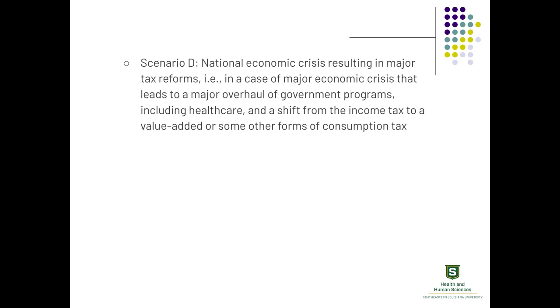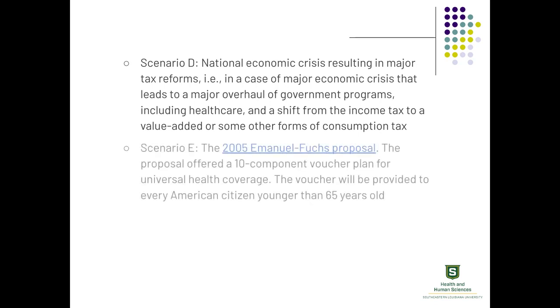Then your final scenario is a proposal. This proposal came in 2005. I don't know how to pronounce the second name, but I know it's Emmanuel. My apologies. Anyway, this proposal came in as a suggestion on how to achieve universal health coverage without a major overhaul of the existing healthcare policy, which in this case is before the Affordable Care Act had even come in, but it was floating around in terms of what we can possibly do.